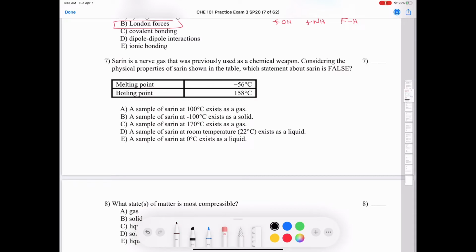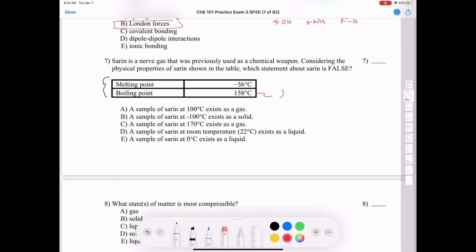Sarin is a nerve gas that was previously used as a chemical weapon. Considering the physical properties of sarin shown in this table right here, which statement about sarin is false? So it says in A that a sample of sarin at 100 degrees Celsius exists as a gas. Well, that already seems like we have a problem here because the boiling point of sarin is 158 degrees Celsius. So what is boiling point?